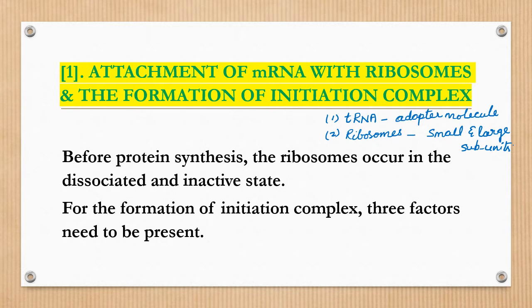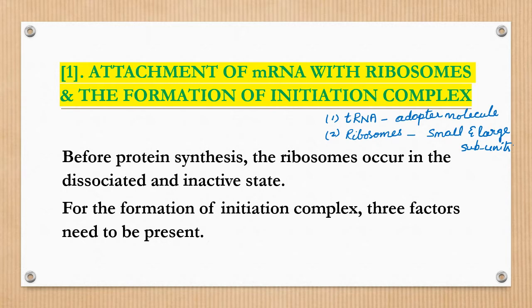That means the subunits are present separately. They are not united before protein synthesis. So before protein synthesis, the subunits of ribosomes occur in an inactive state, that means in dissociated form. They are not associated together.